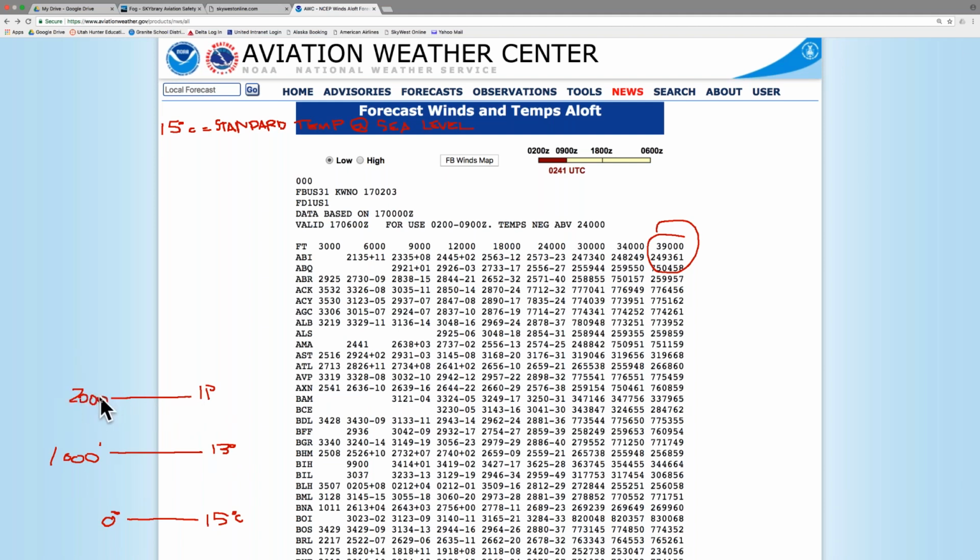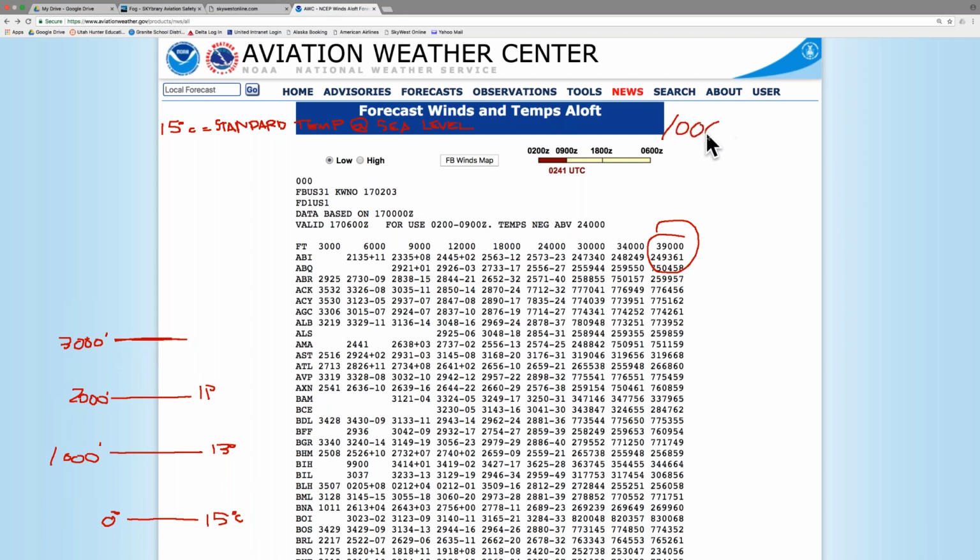One more question about the 2 degrees for every 1,000 feet. Is it 2 degrees for every 1,000 feet or negative 2 degrees for every 1,000 feet? So we lose, I guess you could say minus 2 degrees for every 1,000 feet. It depends on which direction you're going.